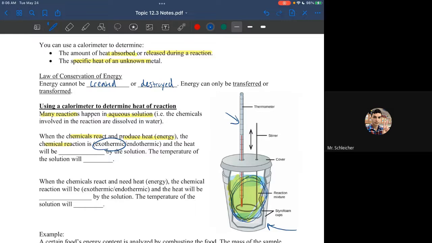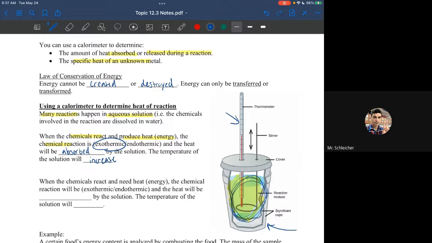And the heat will be absorbed by the solution around the reaction. Because the heat is absorbed by the solution around the reaction, will the temperature of the solution go up or down? If the solution is absorbing a bunch of heat energy, it will increase. The solution will get warmer, and you'll notice that the thermometer measures a higher temperature.